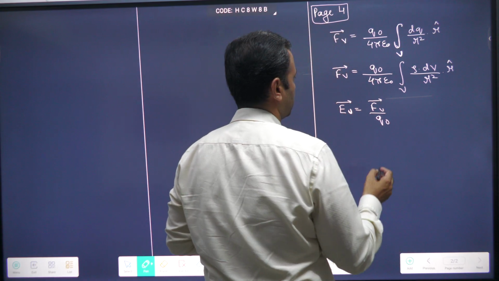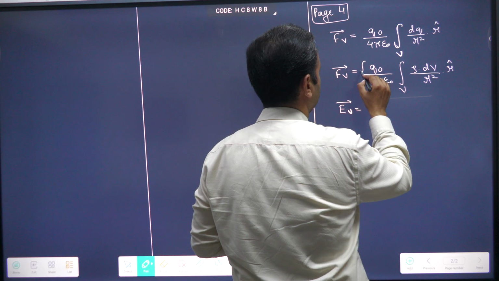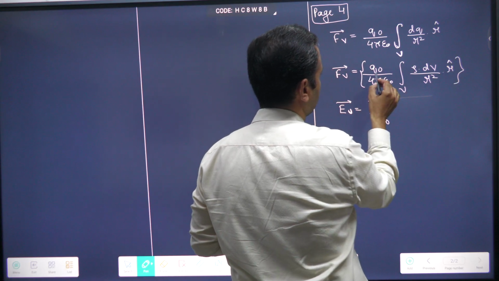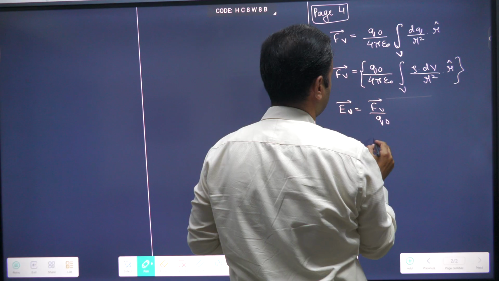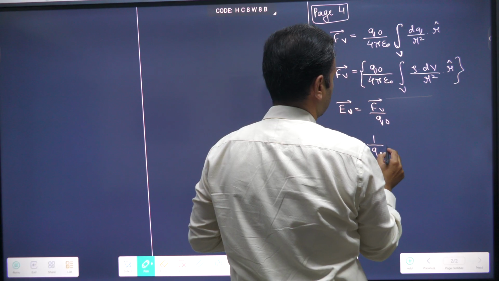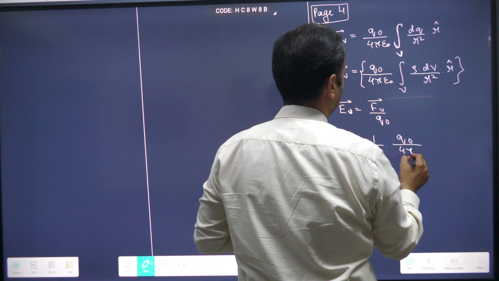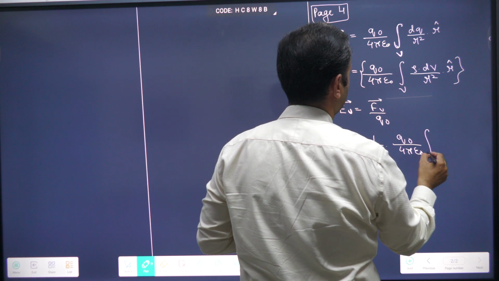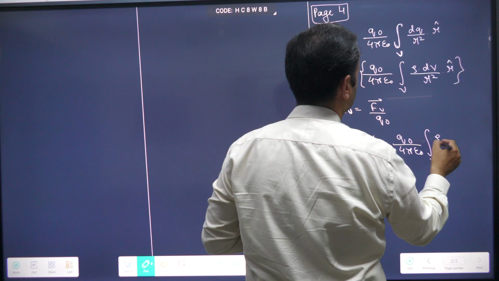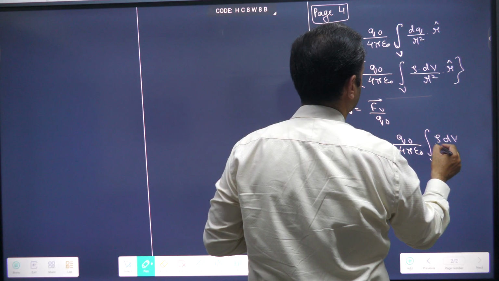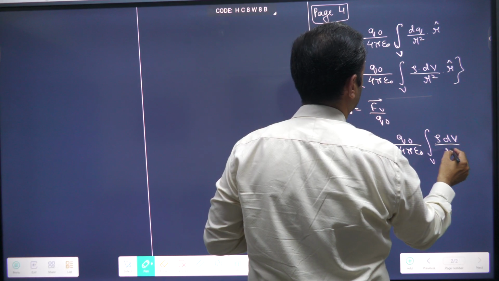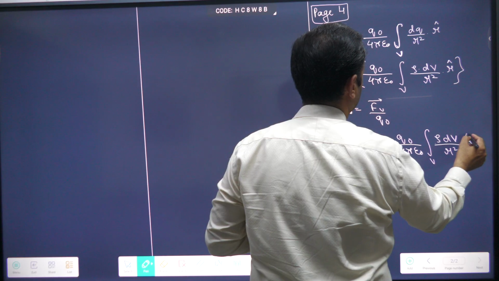Fv vector upon Q naught means this is 1 upon Q naught times Q naught upon 4 pi epsilon naught volume integral rho dV upon r square r cap.